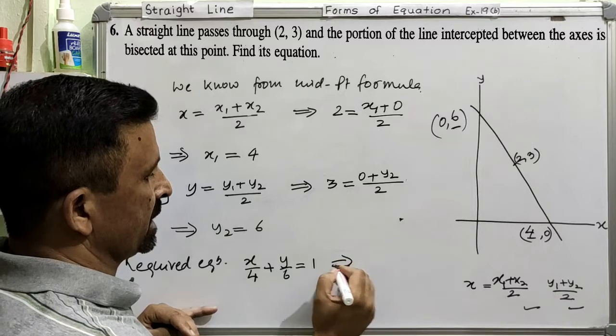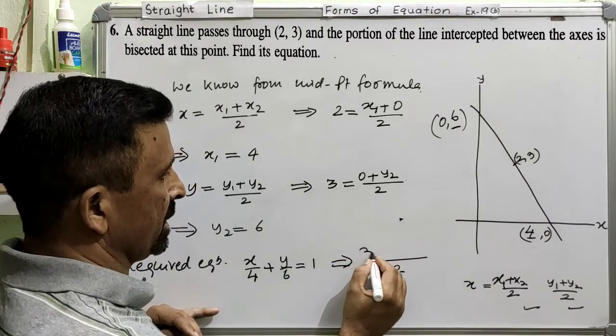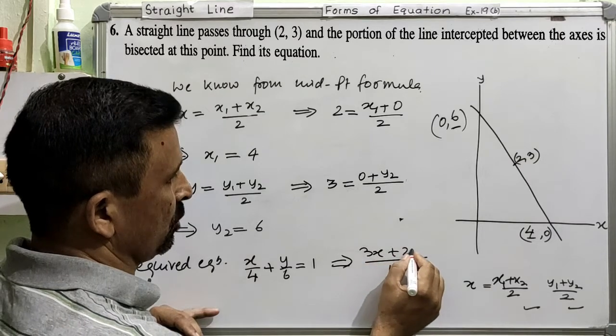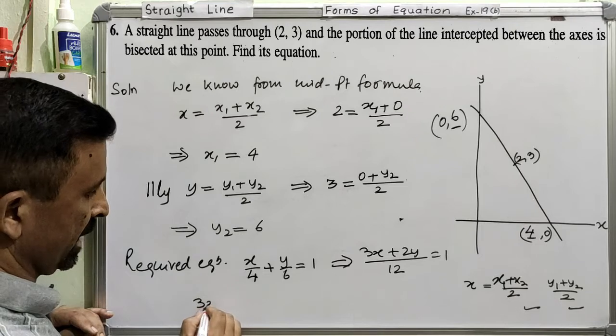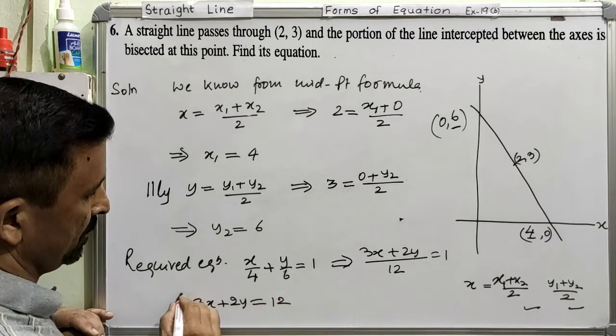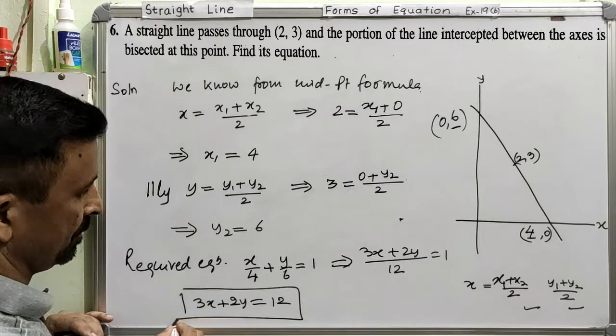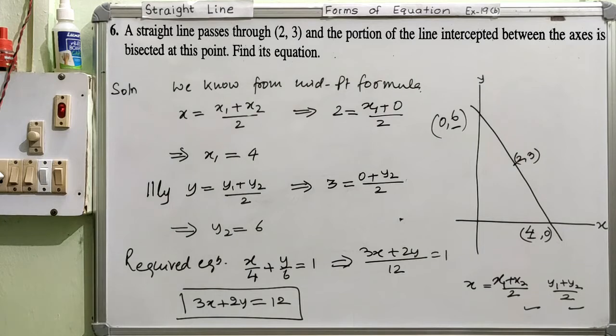Simplify, the LCM of these 2 will be 12. So this is 3x plus 2y is equal to 12. This is your final equation. Am I very clear? This is your final equation.